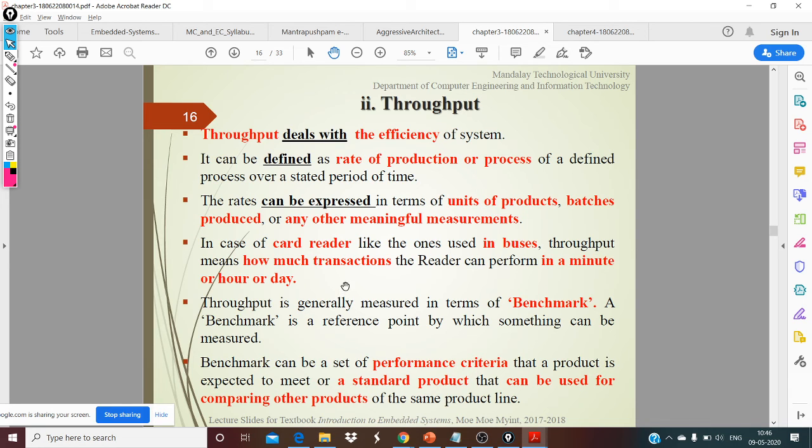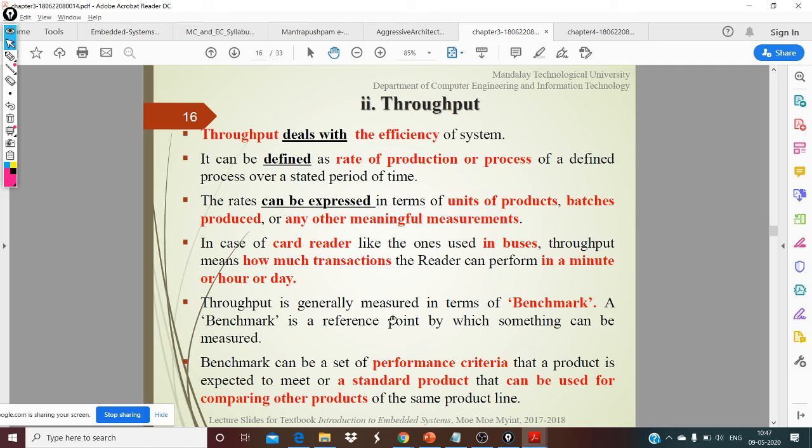I read so many things in one day. So something like that, right? That's about the throughput. In operating systems we come across this term again and again. Throughput is nothing but the number of jobs getting done in every unit of time, jobs per second or something like that.